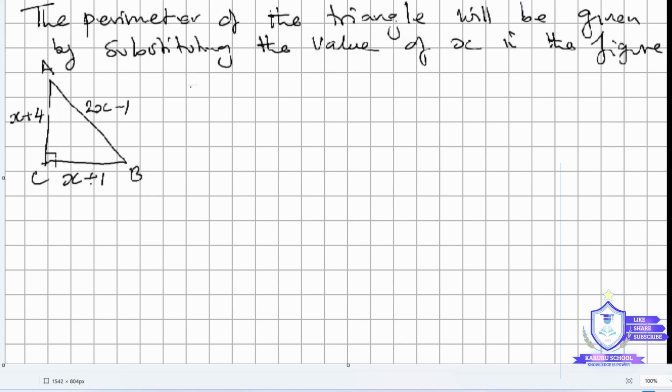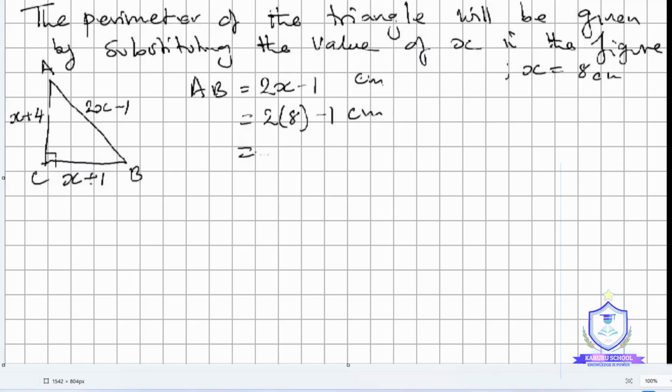So we know that AB will be equal to 2x minus 1, which is equal to 2 multiplied by 8 minus 1. Remember that x equals 8 centimeters. So this one would be 2 times 8 is 16 minus 1 centimeters, which is equal to 15 centimeters.